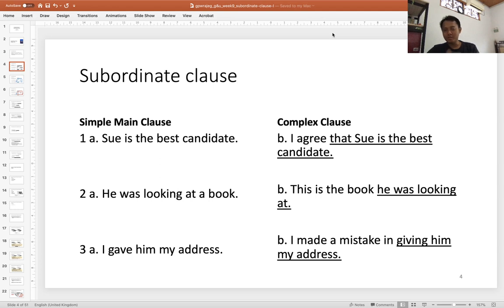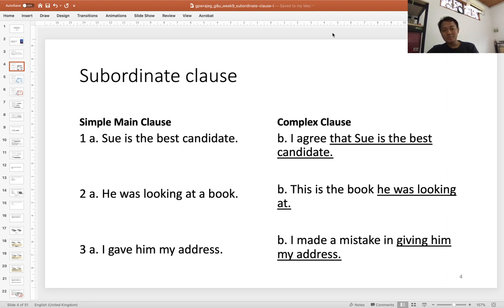If you just say that Sue is the best candidate, what's up with that? It's not complete. But I agree that Sue is the best candidate is a complete sentence, where Sue is the best candidate is used as a subordinate clause.